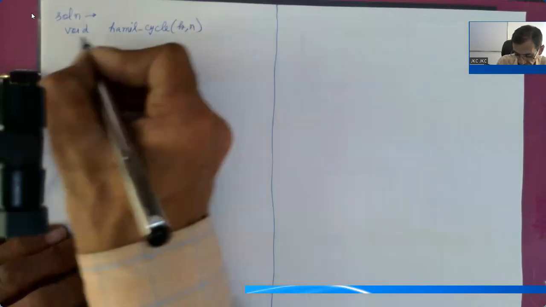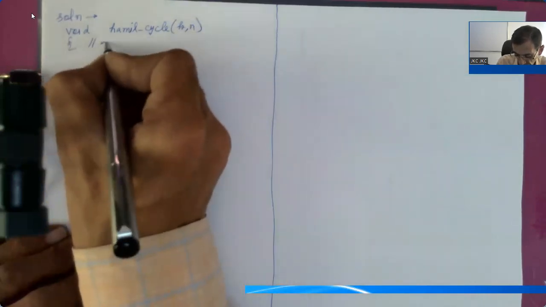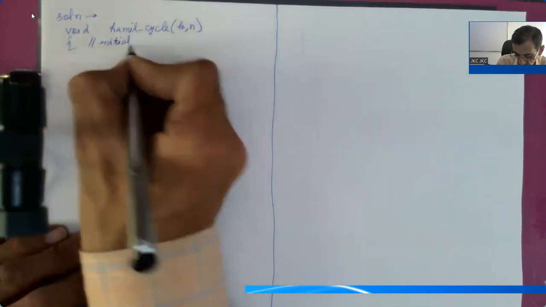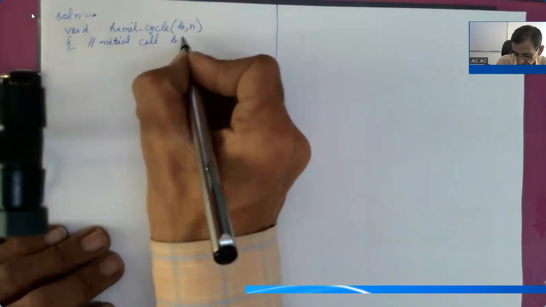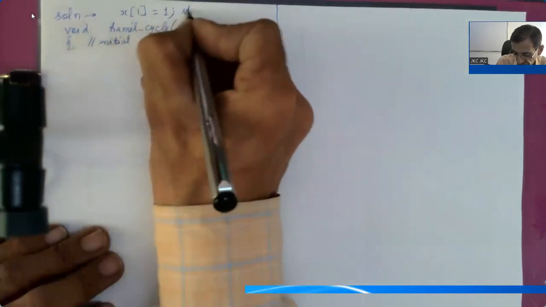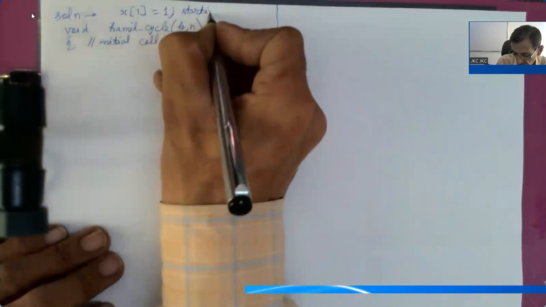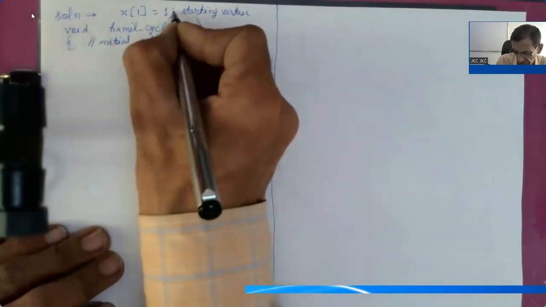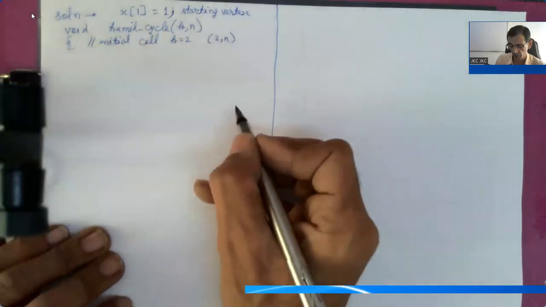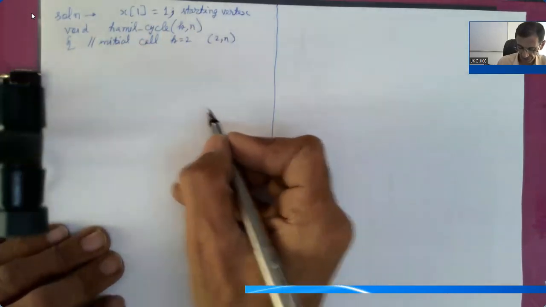The only difference being the initial call will be with k equal to 2 and x1 is 1. That is, the call made is for 2 to n, and before this x1 is guaranteed to be the starting vertex. Although I can choose this to be anyone, why unnecessarily waste when it is guaranteed to be a part of the answer?